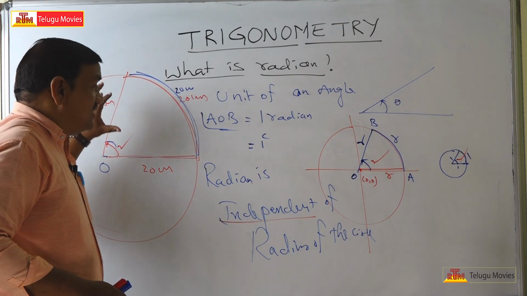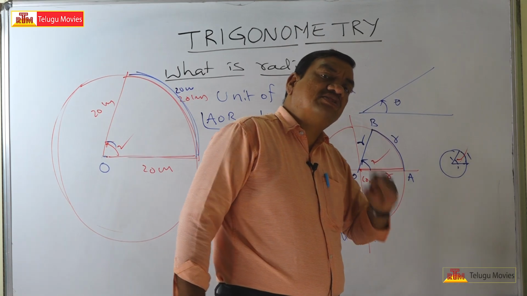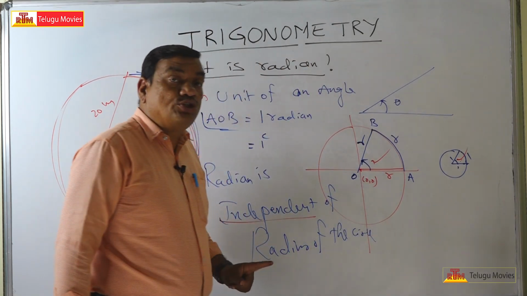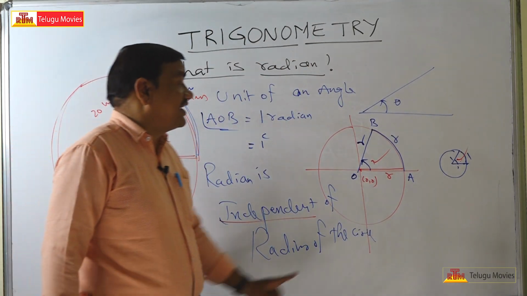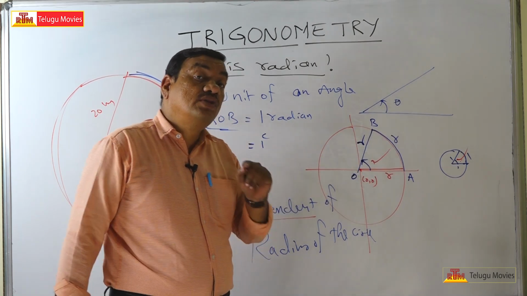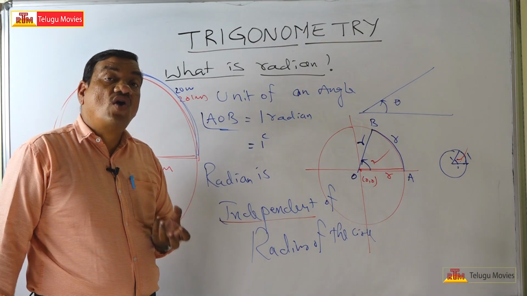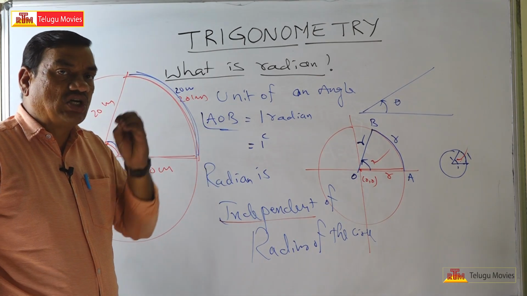So whether the radius of the circle is more or very less, whatever it may be, the condition you have to take is that the arc length should be equal to the radius of the circle. Then only the angle formed is always a fixed angle. It is a constant angle.